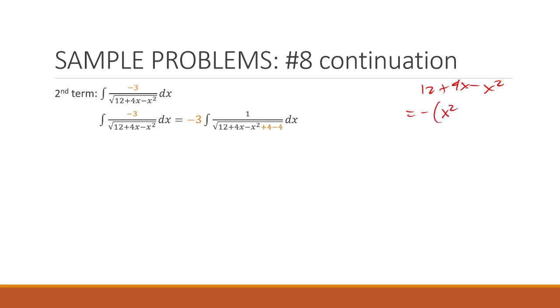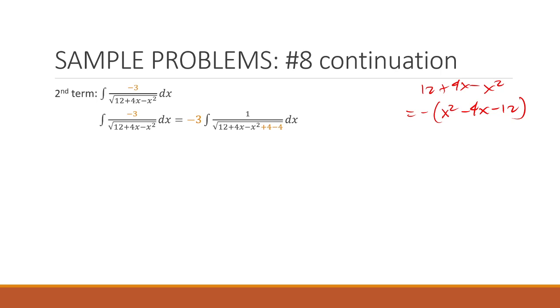Okay, so x squared minus 4x minus 12. Factors of negative 12 that will give a sum of negative 4 would be negative 6 and positive 2.